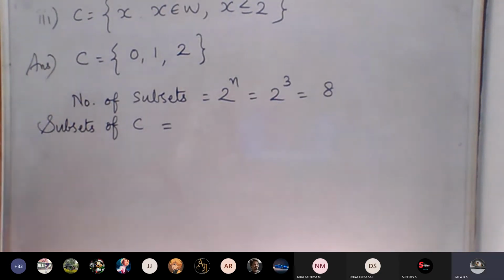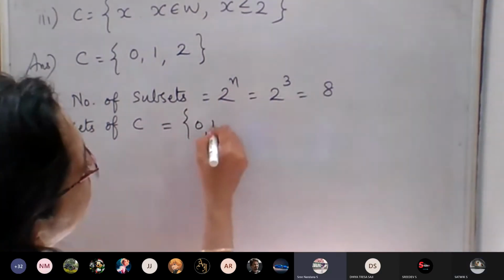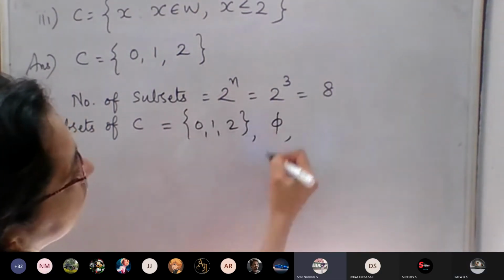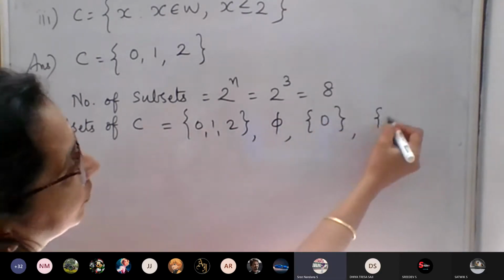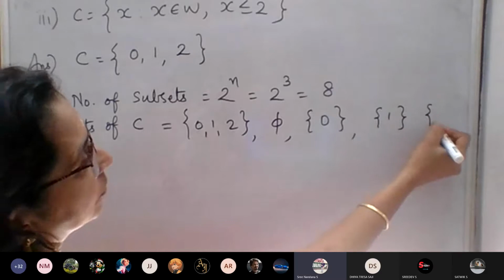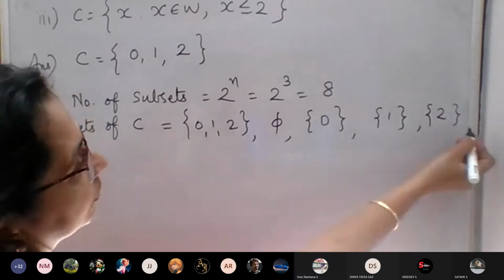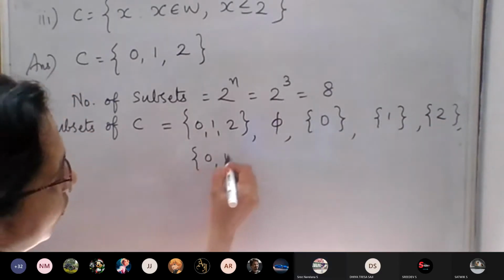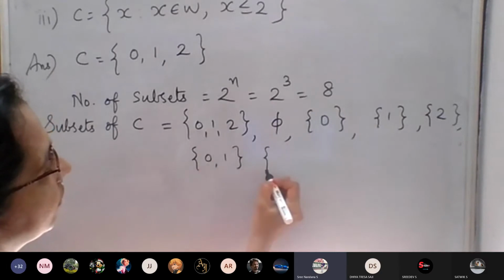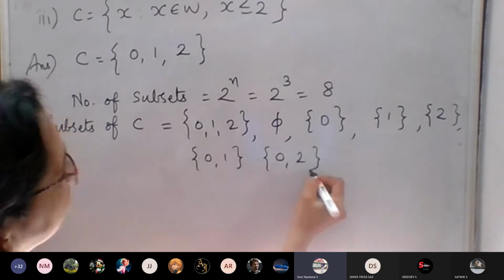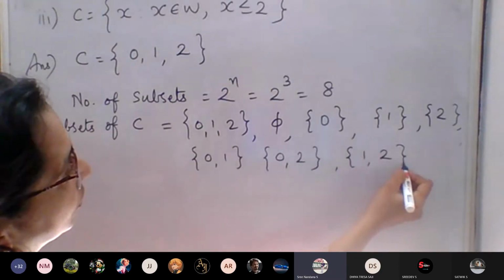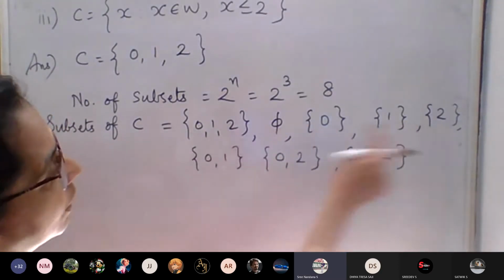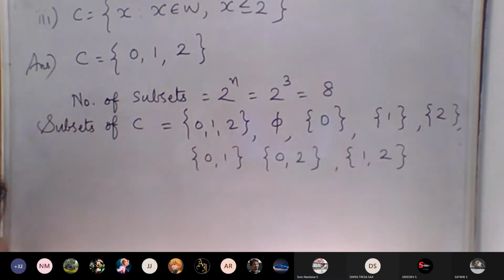Subsets of C: the null set, set 0, set 1, set 2, set 0, 1, set 0, 2, set 1, 2, and set 0, 1, 2. Check it: 1, 2, 3, 4, 5, 6, 7, 8. Okay.